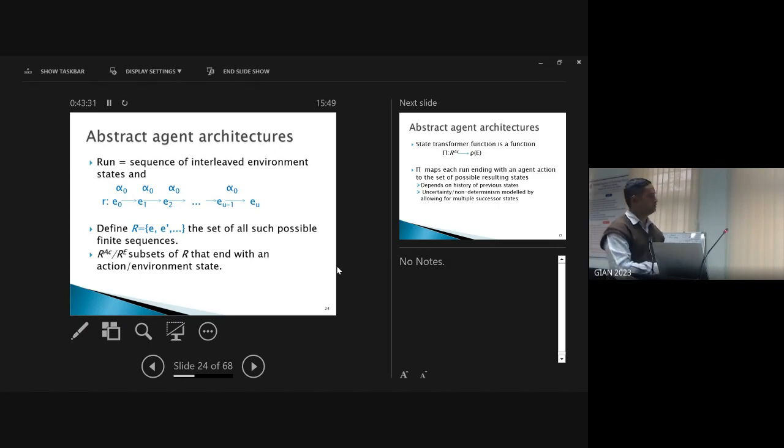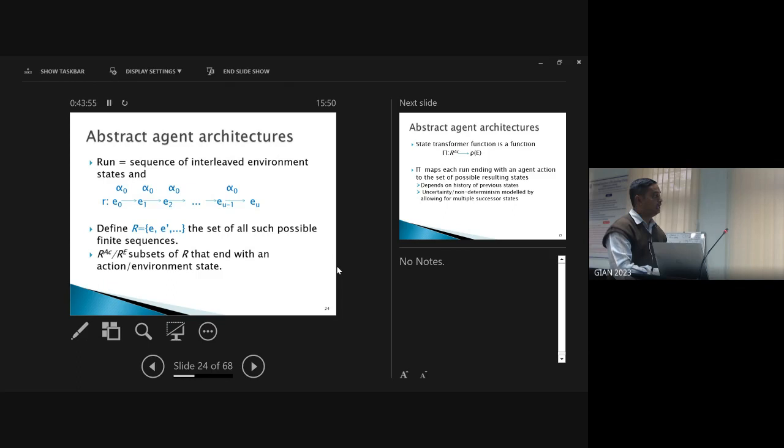So this is called a sequence of interlinked environments and states. It was in environment E0. It performs a task alpha naught. It reaches another environment E1. In E1, it performs another task alpha 1 that leads to a new state, that is called E2.